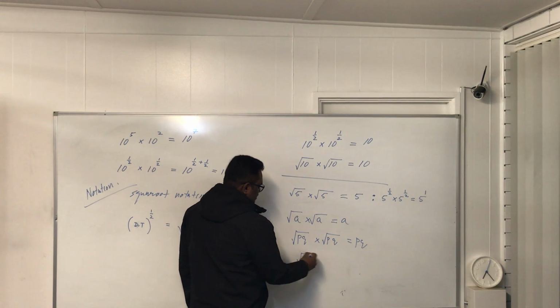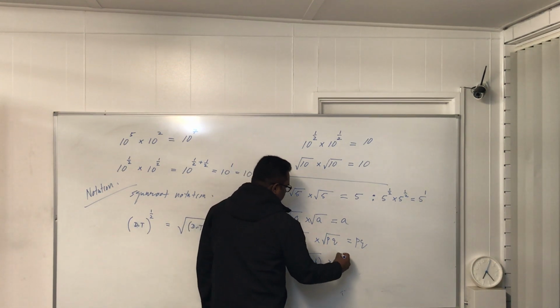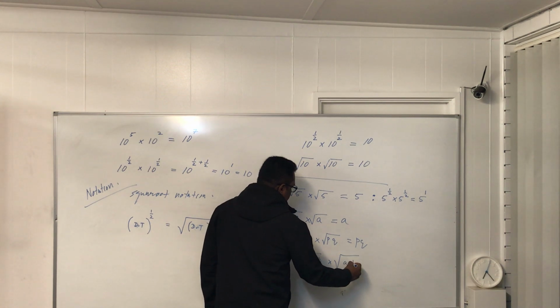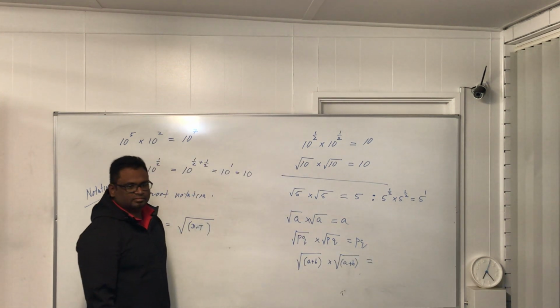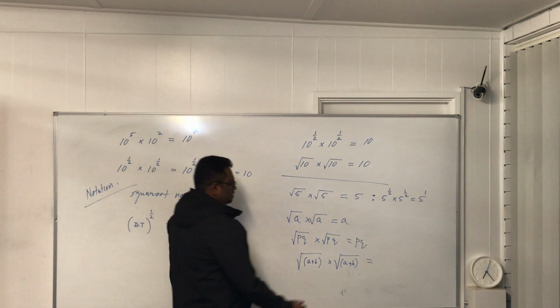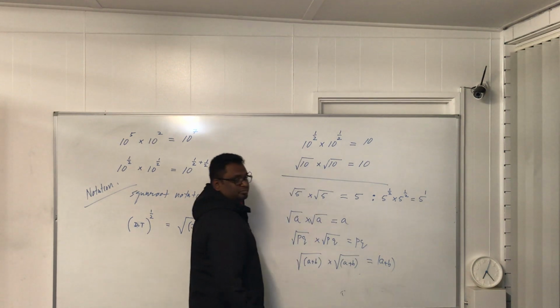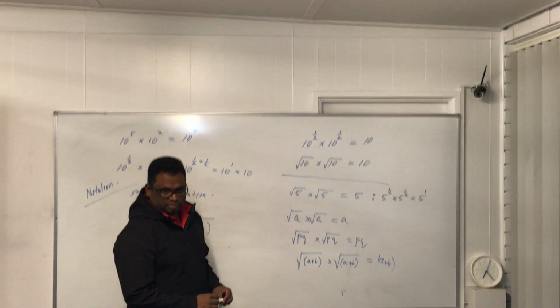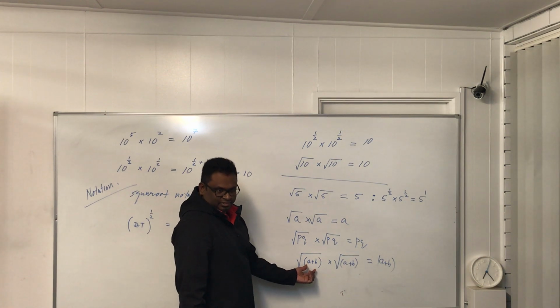Lastly, let's see. You see here square root of (a plus b) times square root of (a plus b). What would be the answer? a plus b. So what I want to tell you is, in the future, you will see so many weird things inside, right?